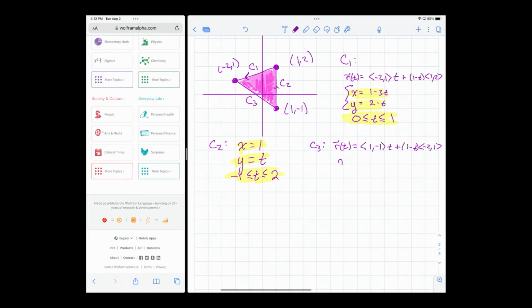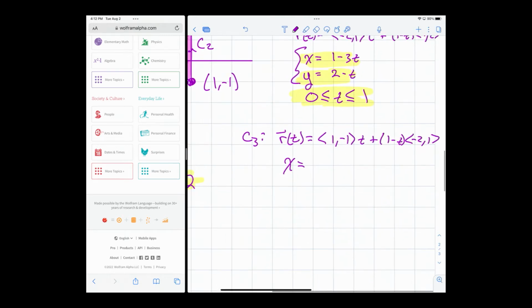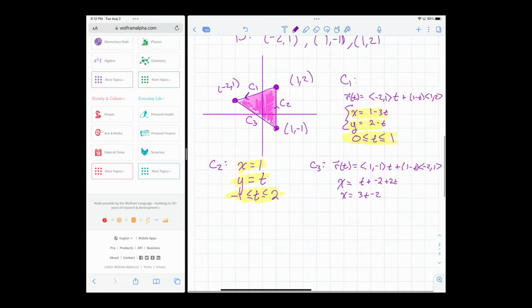And then that would be an x value of t plus -2 times 1 minus t, which would be -2 plus 2t. So overall, we have x is 3t minus 2. Let's just check that. If you put in a 0, you get -2, which is that one. And if you put in a 1, you get 3 minus 2, which is 1, which is that x value.